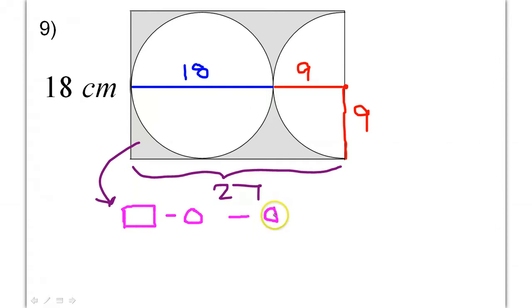Okay? It's not a very good semicircle, but hopefully you understand what I'm saying. So if I take the whole big rectangle, subtract the circle, subtract the semicircle, that should be the shaded area. That's her strategy. Okay? So along those lines, she found these numbers. She's getting ready to find the area of this rectangle. In fact, let me kind of divide this up a little bit.